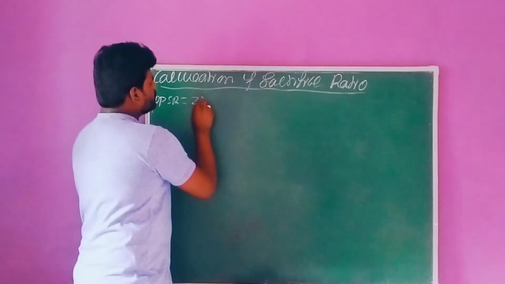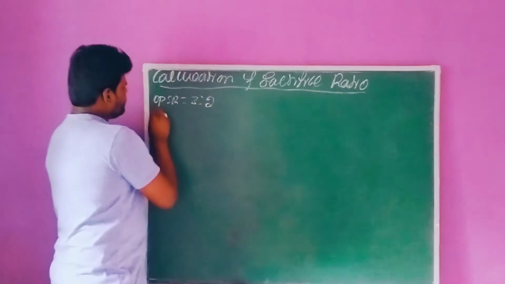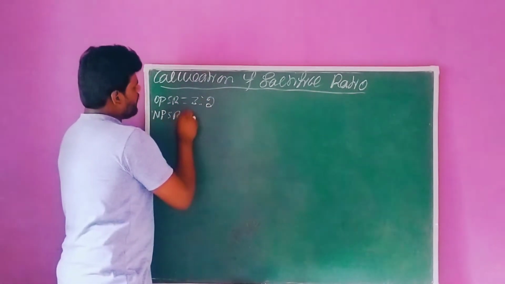Under that, the given information, I mean the available data: the old profit sharing ratio is 3:2, and the same after the admission of a new partner.